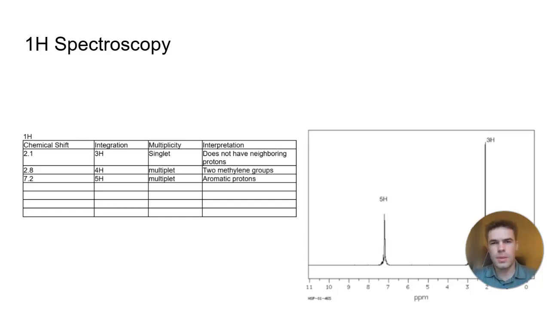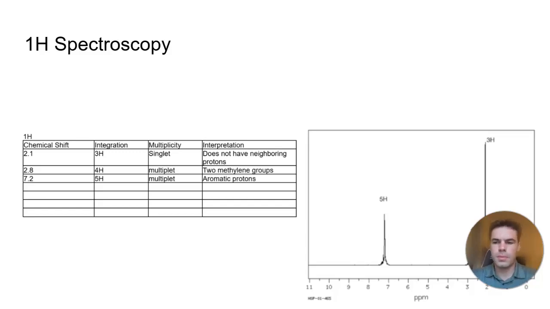that means that there's going to be a methyl group neighboring a carbonyl and two methylene groups neighboring the carbonyl associated with a phenyl group connected to the two methylene groups.